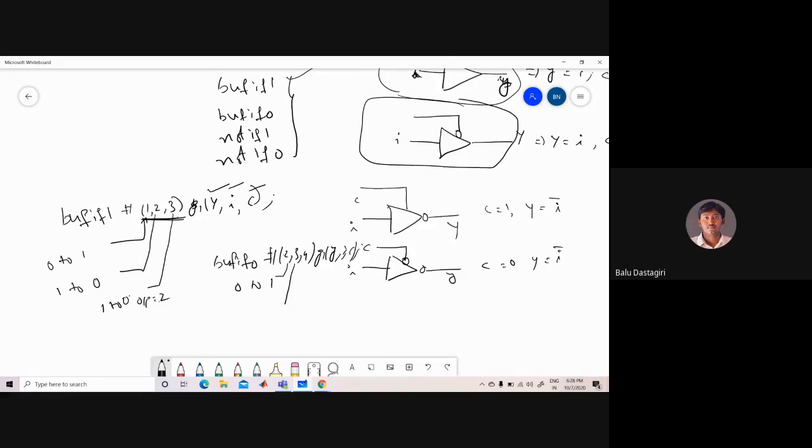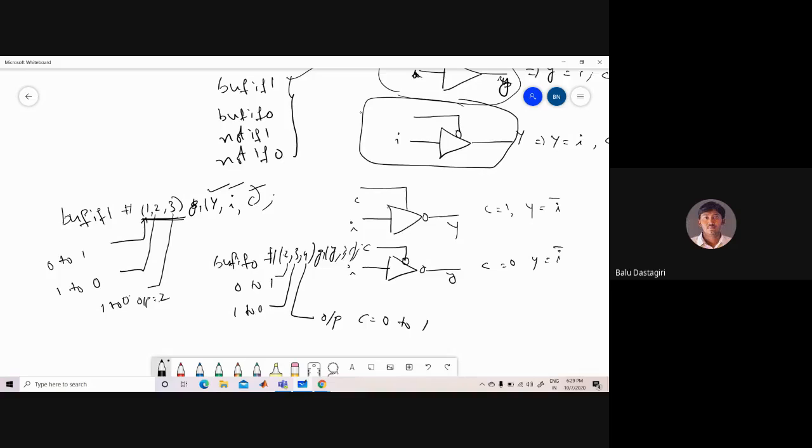Whenever the output goes from 1 to 0, the delay associated is 3. And for the 4, it is the delay associated with the output whenever the conditional input goes from 0 to 1.